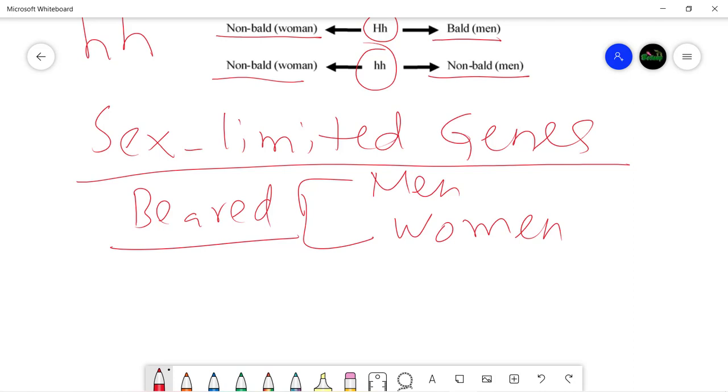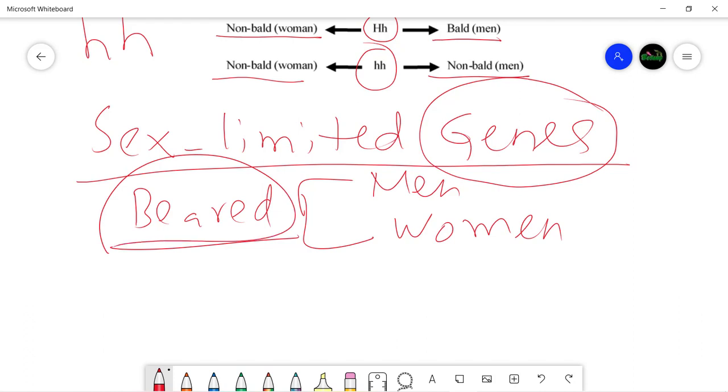So the effect of these genes is controlled by those hormones, because of which the expression of these genes is different in male and female, or a particular character is present only in one sex and not in the other, as I have just told you about this particular character. So it is limited to one.